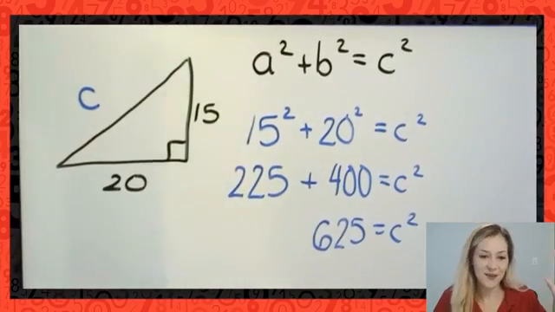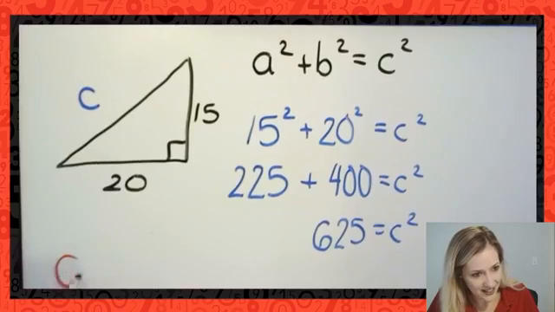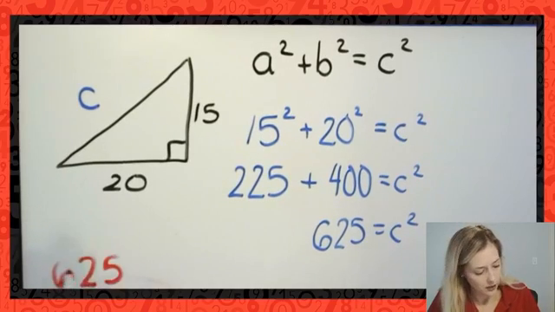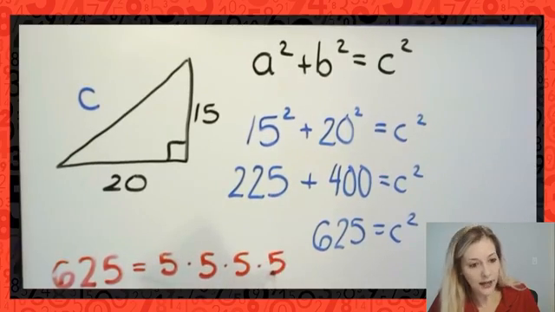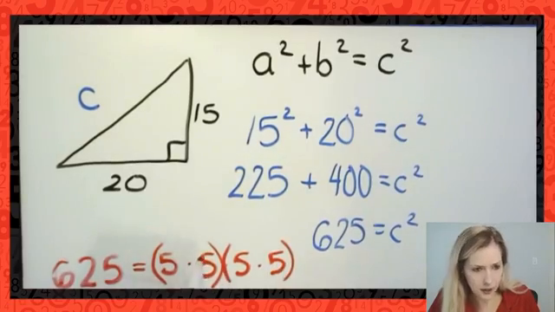Did I hold that up correctly? Yeah. Just a side note here, 625. Let's make that neater. 625 is equal to 5 times 5 times 5 times 5. I could pair up 2 of those. And my apologies again for using the dot.